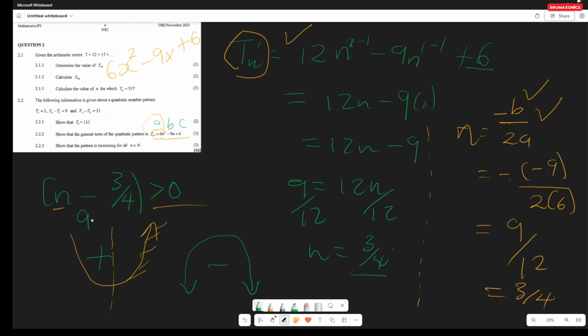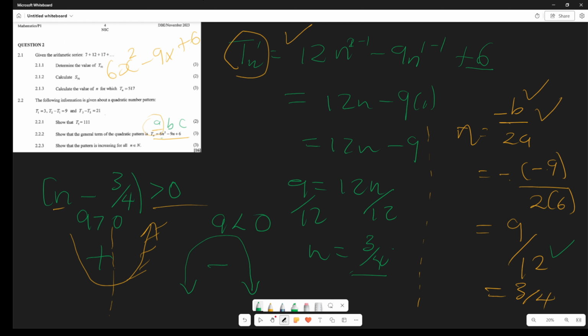So if a is greater than 0, this is the case, and then if a is less than 0, then that would definitely be the case. So you should be careful when you're dealing with such questions. And yeah, I just explained it, but you only needed something like this to get your 3 marks.